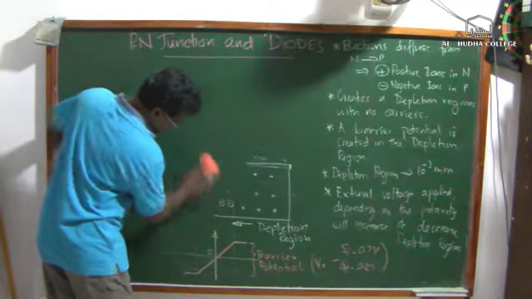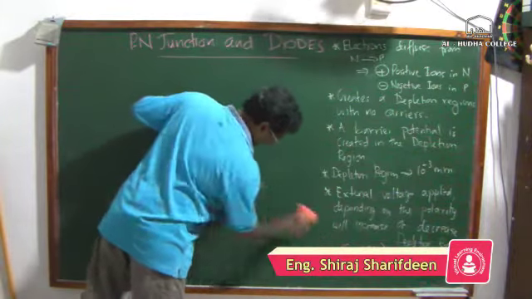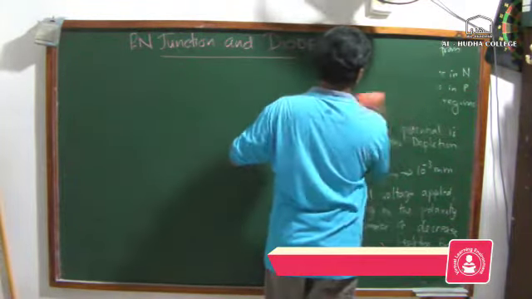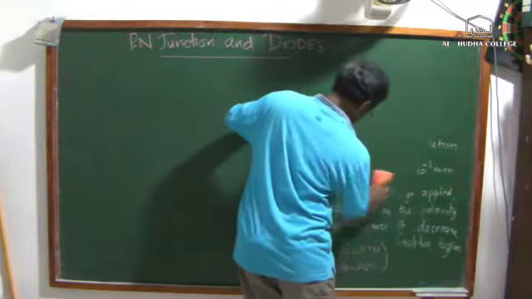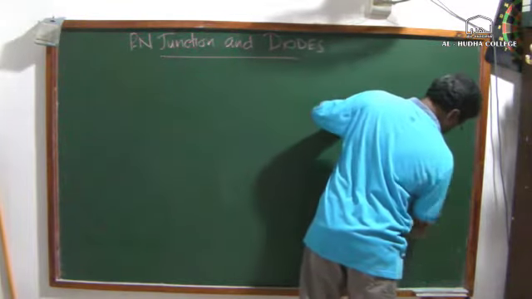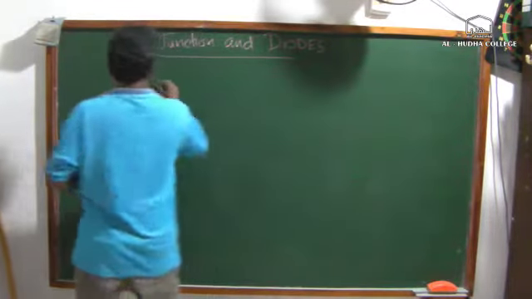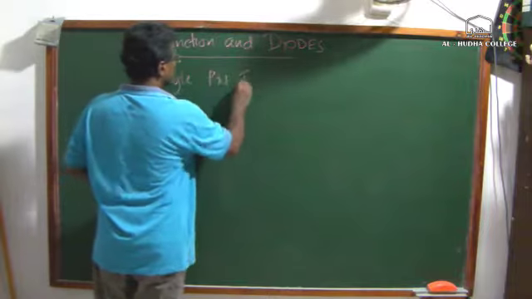A single PN junction is called a diode. Single PN junction.